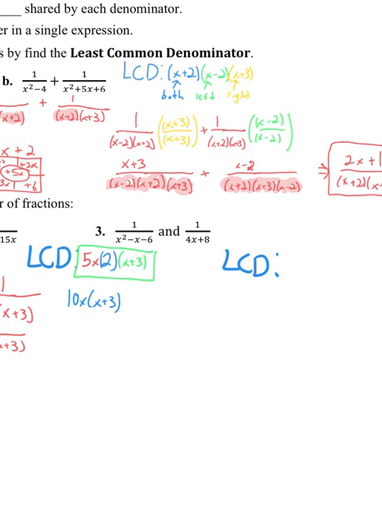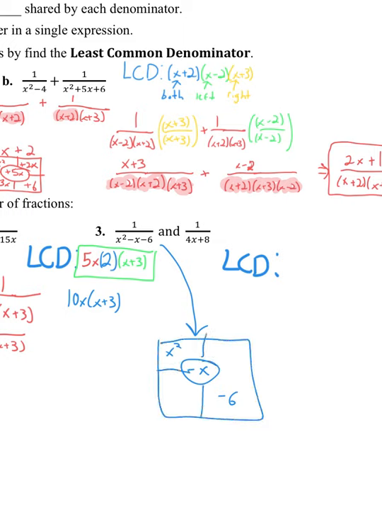And then the last one, x squared minus x minus 6. I'm just going to start by creating my box method, and I can do a minus 3 and a plus 2 there: positive 2x, negative 3x. That's because we have negative 1x in the middle. So one side is x minus 3 times x plus 2.